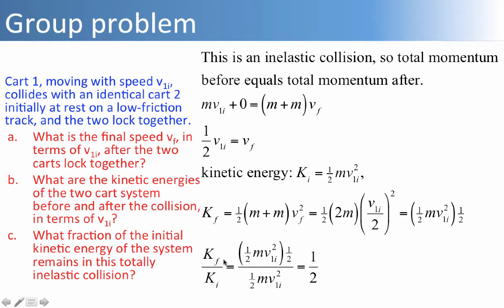So if we want to find the ratio of that, or the fraction of the initial kinetic energy that is in the final kinetic energy that is in the collision, we simply find the ratio of k final over k initial and see that it's equal to 1/2. This collision is then, again, not elastic. This is an inelastic collision, and that is the ratio of the kinetic energies.